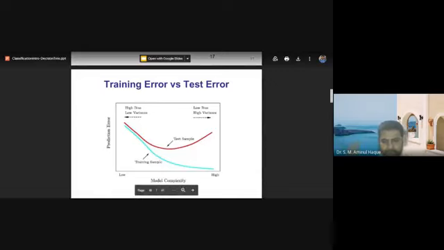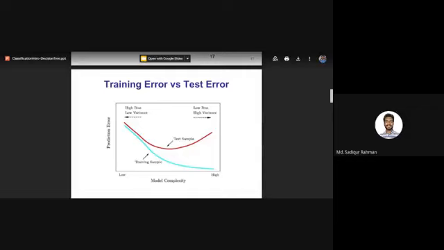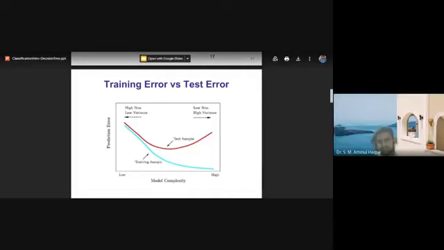Then we can basically improve the accuracy. For example, along the y-axis we have prediction error, and along the x-axis we have model complexity. When the model complexity is very low, our prediction error is very high, right? Both for test and training data. This line is training and this red line is testing error.